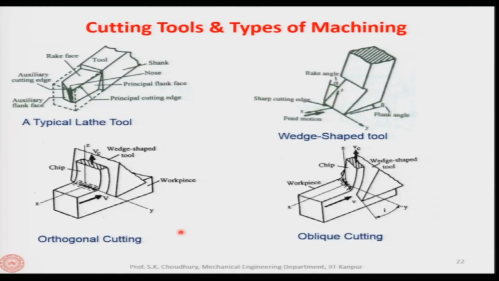Now, overall the machining process can be subdivided into two basic forms. One is called the orthogonal cutting, as we know, and another is the oblique cutting. The basic feature of orthogonal cutting is that the cutting edge is absolutely perpendicular to the direction of the cutting velocity vector, meaning that between this line, the cutting edge of the tool, and the V, there is a 90-degree angle.